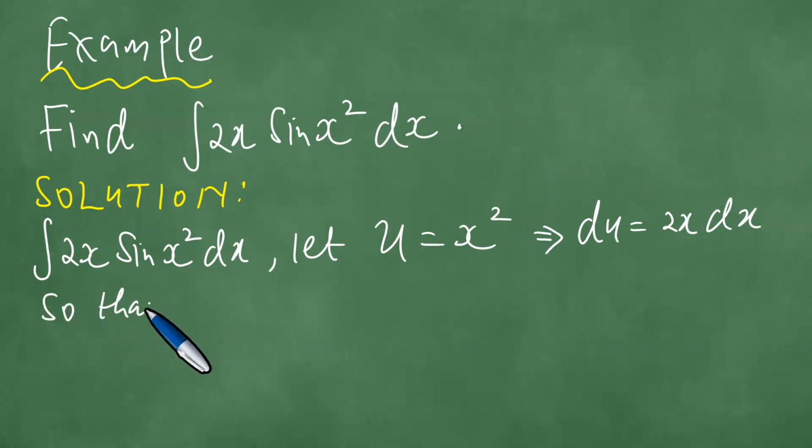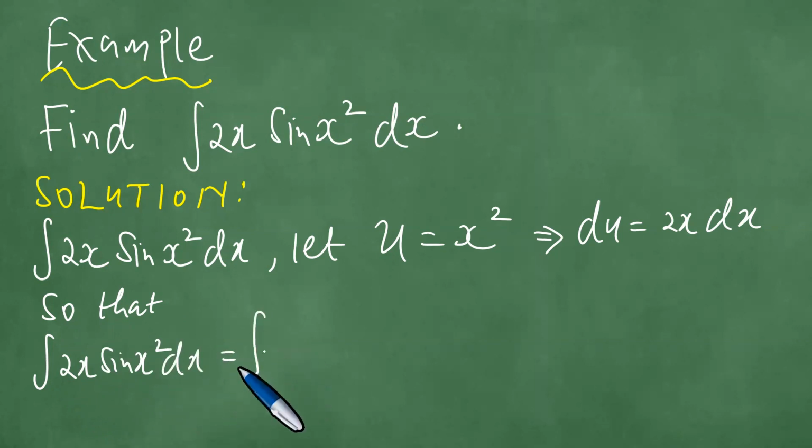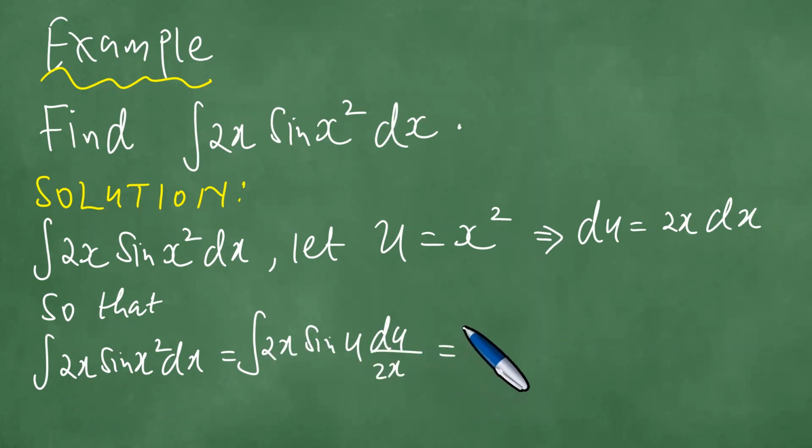So that if we consider the integral of twice x, the sine of x squared dx, is twice x, the sine of u, dx is du over 2x. This cancels, which means you have the trigonometric sine of u du.